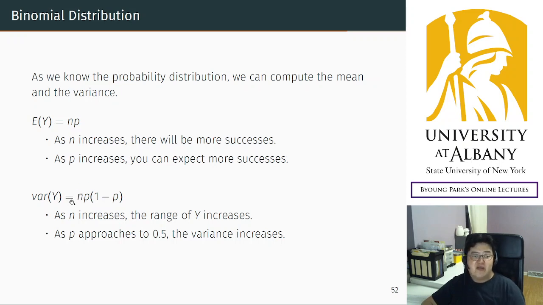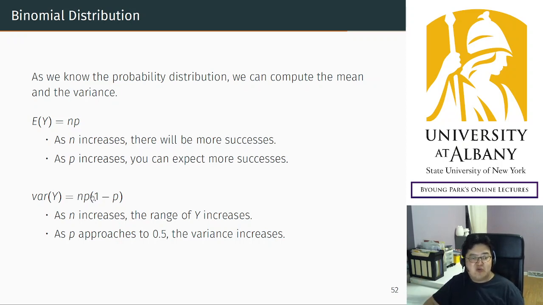Remember, the variance is a measure of variability, and the parameter n determines the range, and the range is another measure of variability. So the wider the range is, the more variable the random variable is, the more variation the distribution has. So it's proportional to the range.